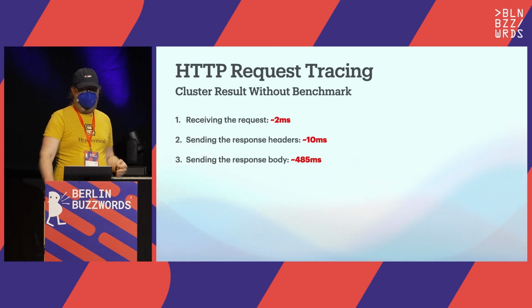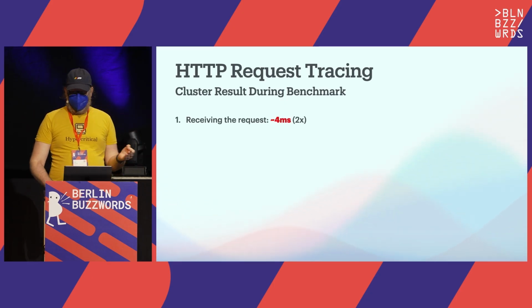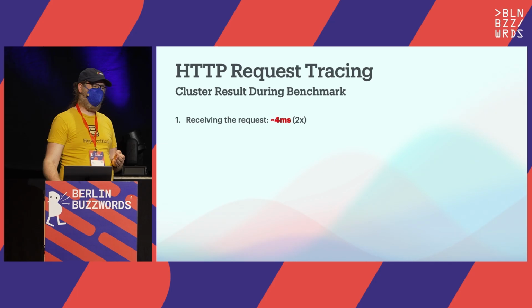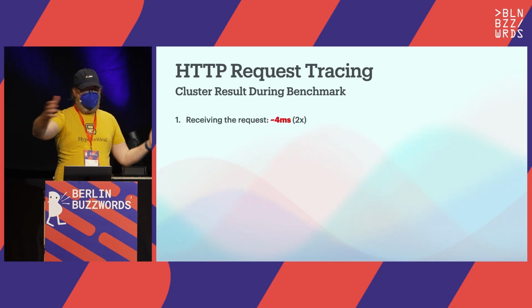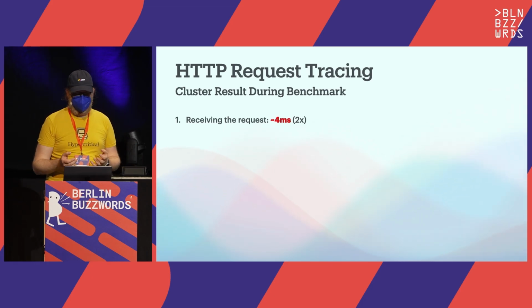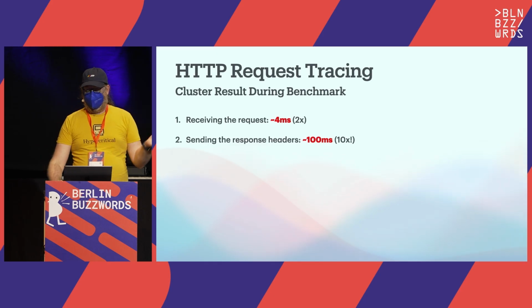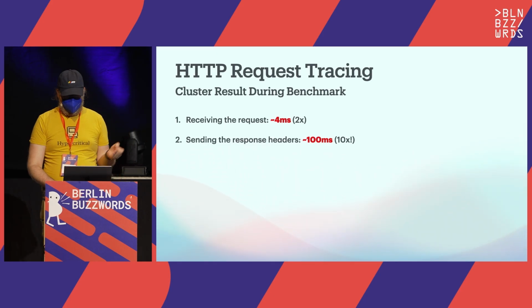Now, when we ran the benchmark and tried the same thing again, we came to these numbers. Receiving the request took about 4 milliseconds, that's twice as much, but with 3,000 requests in parallel hammering the server, double request receive time seemed fine. Sending the response headers was a 10x increase, 100 milliseconds. That was a surprise.